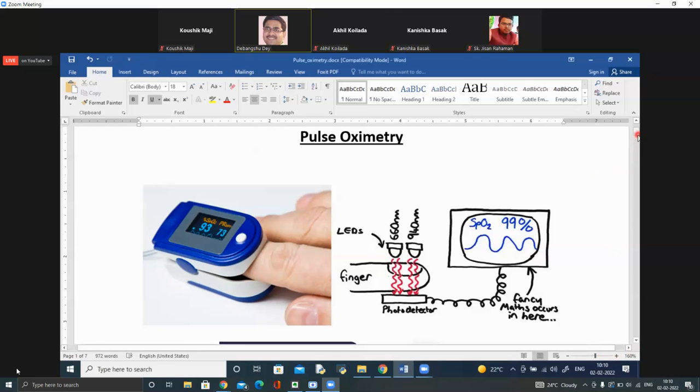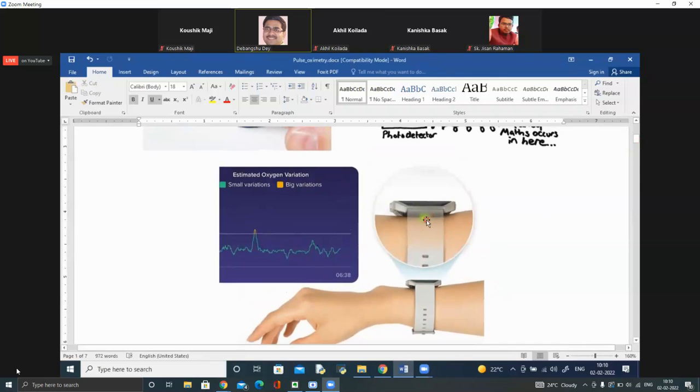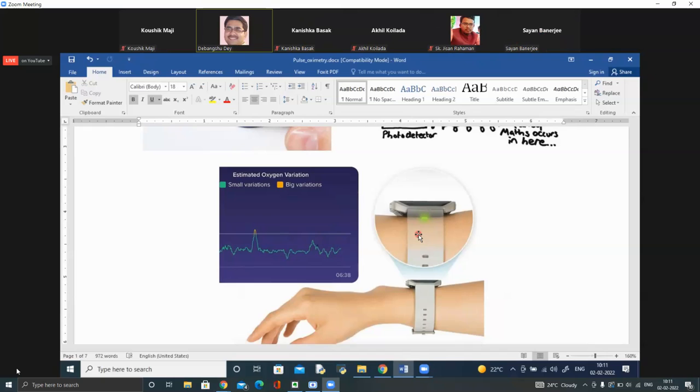And this is another, I have already shown, this is another variety of that. Nowadays, this kind of instrument is not used. Now, very sophisticated and costly equipment is already in the market, and you can wear it like a watch, a smart watch. And also your fitness gear, you can call it, and it will measure all of your body parameters, not only SpO2 or heart rate.